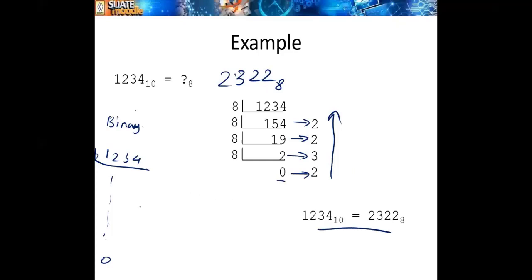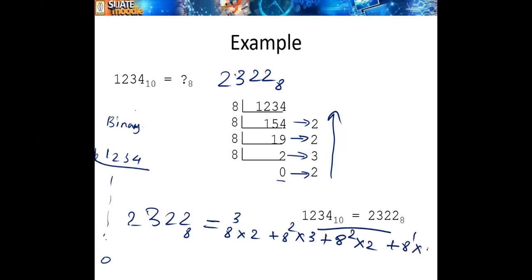So if you want to convert back and check: 8 to the power 3 into 2, plus 8 to the power 2 into 3, plus 8 to the power 1 into 2, plus 8 to the power 0 into 2. 8 into 8, 64, into 8, 512, into 2, plus 8 squared, 64 into 3, plus 8 into 2 plus 1 into 2.